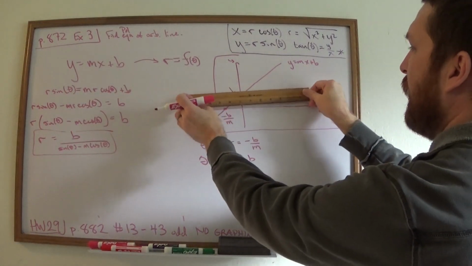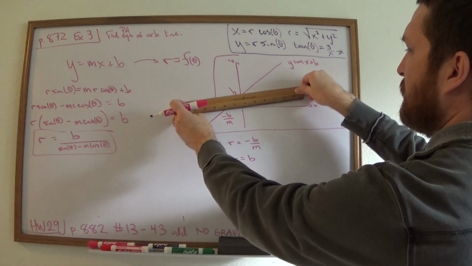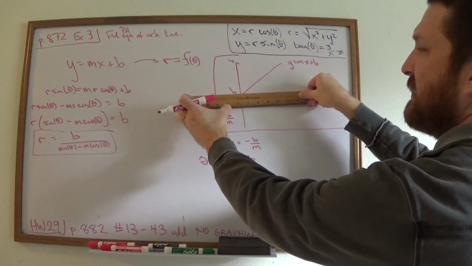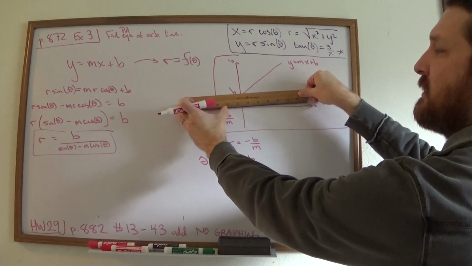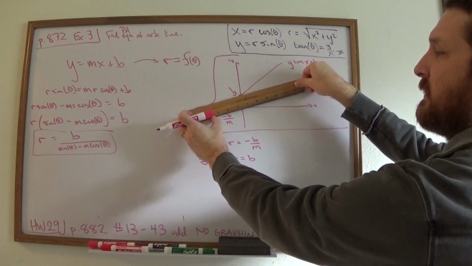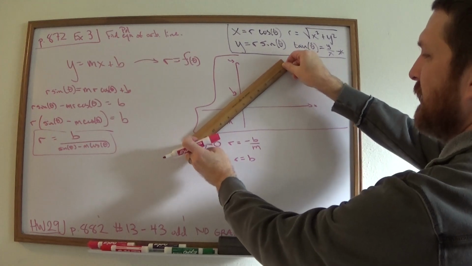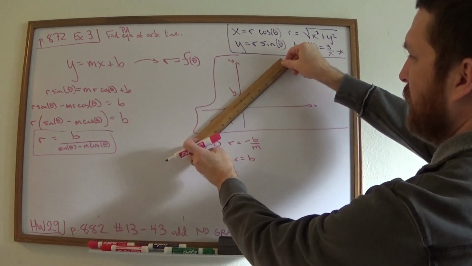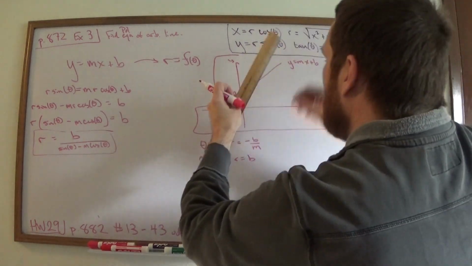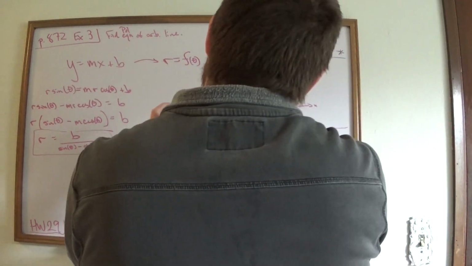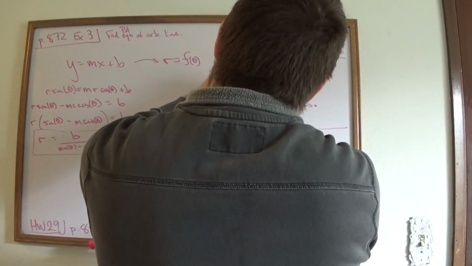Clearly, if I'm doing this, it starts here at minus b over m. And then as I turn it, it moves like this, and I keep turning it and it moves like that. Eventually, I'm going to have some angle here. I don't know what that angle is necessarily, but it's going to be parallel. I'm going to have a parallel line.